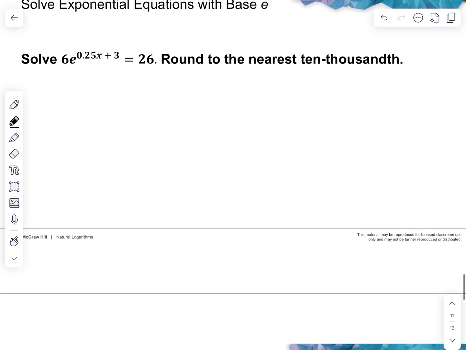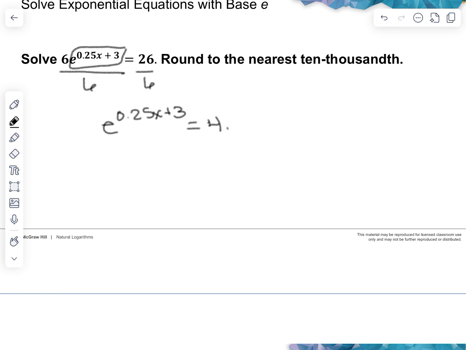And let's try it again. So I am trying to get this portion by itself. So for my first step, I'm going to divide both sides by 6. 26 divided by 6, 4.3333.